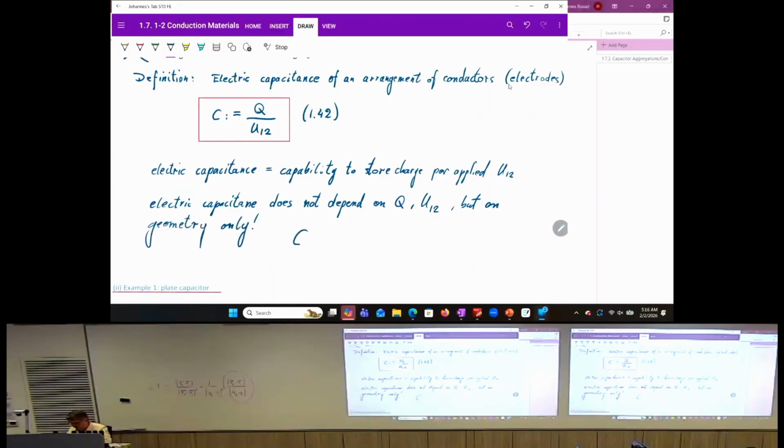So your capacitance is a function of geometry, maybe geometry only. It also depends on the material that is involved here. So it also depends on your permittivity, so it depends on your geometry and materials involved.